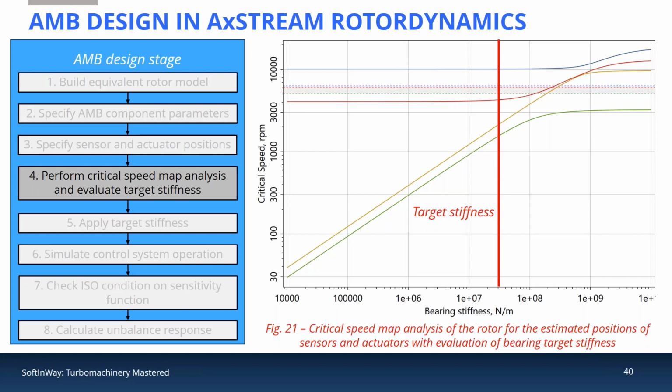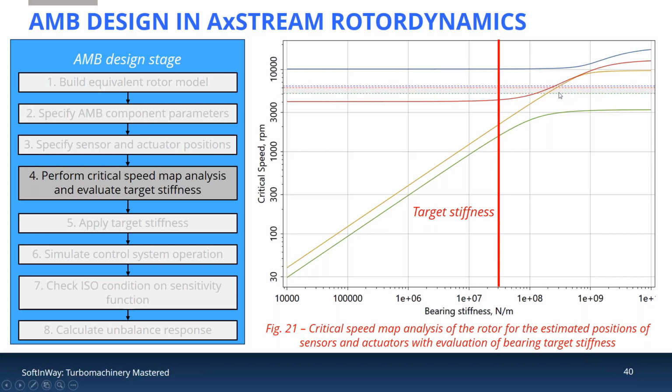So we are limited by these physical constraints, and at the same time we should see that we have no resonances. Here we have the lines showing the operational speed range.